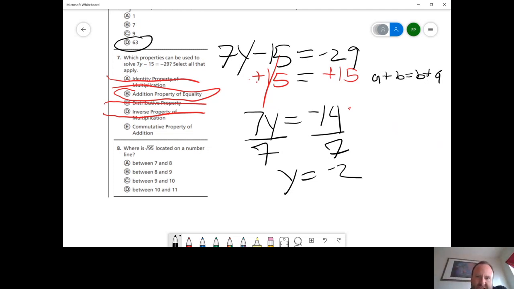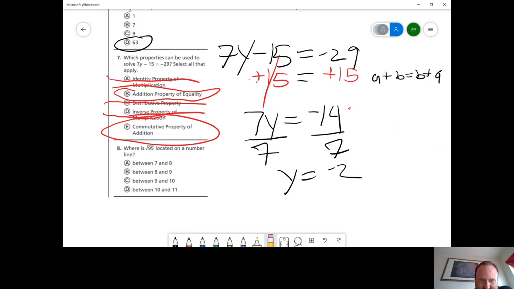So we would have had 14 equals negative 7y, and then divided both sides by negative 7, and we still would have ended up with negative 2. So yeah, we could have solved it in the reverse order, just like A plus B equals B plus A. Still the same answer. So that would be the two answers to that problem.